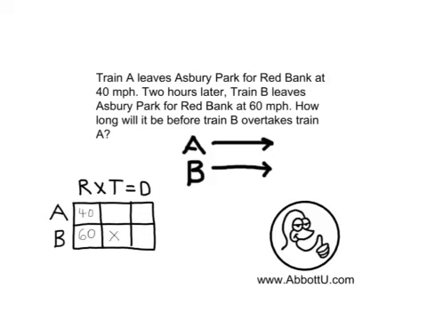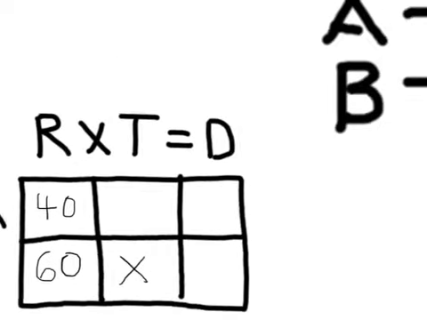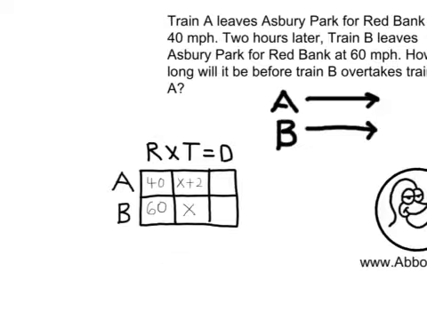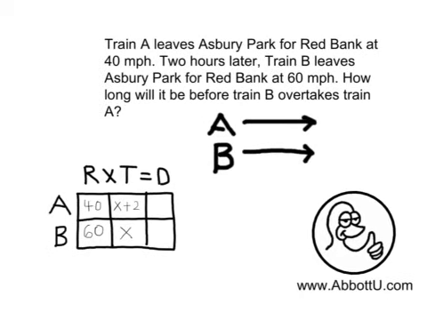So that means that train A has been on the train tracks traveling for 2 hours more than train B. Reminding ourselves that train B has traveled for X hours, well, that means that train A must have traveled for X plus 2 hours. So we're going to write that right now. Very good. So we've got that information filled in.